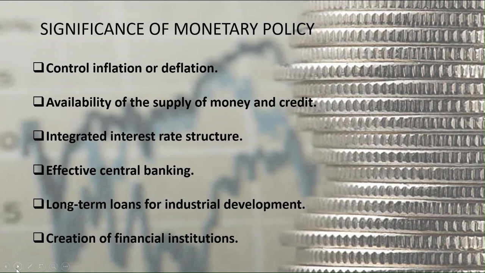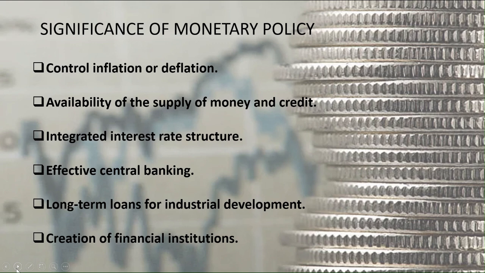Integrated interest rate structure. Interest rate determines how expensive it is to borrow money. A good interest rate structure keeps rates balanced across different types of loans. Lower rates make borrowing cheaper, while higher rates help control inflation. Effective central banking.